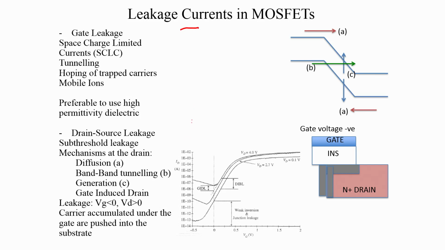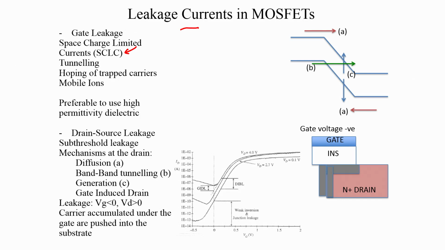Leakage currents in MOSFETs is an exhaustive lecture by itself, and because we are constrained with regards to time, we cannot talk about this so exhaustively, but although we will touch upon certain topics, particularly things like space charge limited current, we will have a special lecture on that, but as such we will only spend this one slide on understanding the different mechanisms of leakage currents in MOSFET.